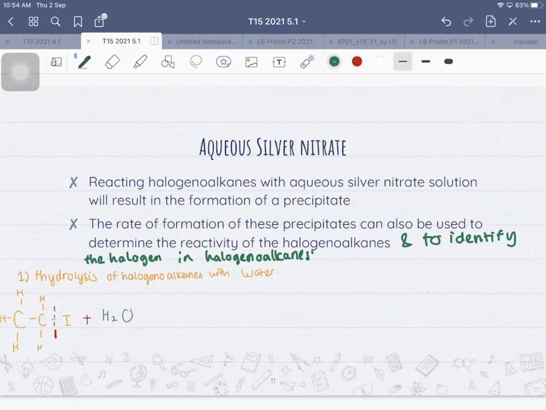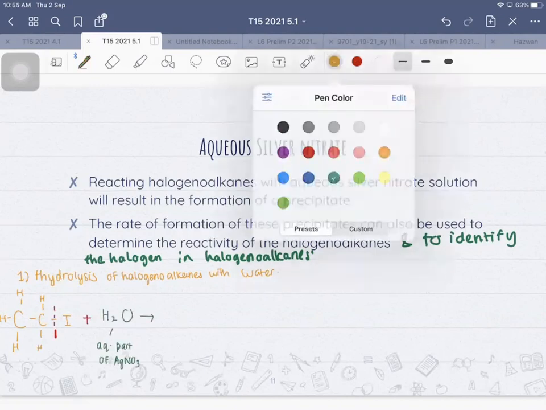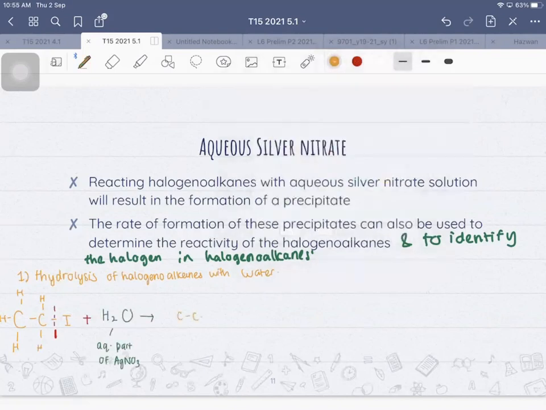And this H2O comes from the aqueous part of AgNO3. Okay, so hydrolysis is happening. We form an alcohol, which is not our concern for this reaction.